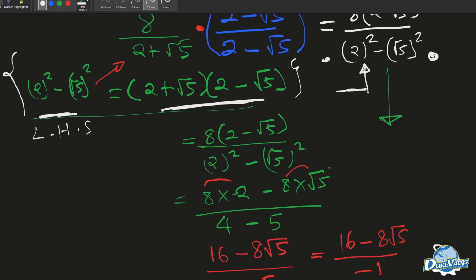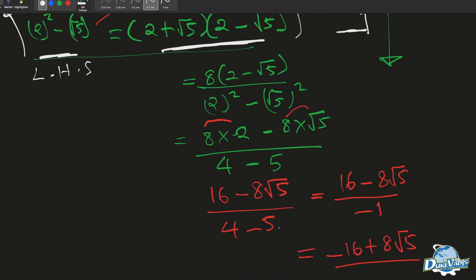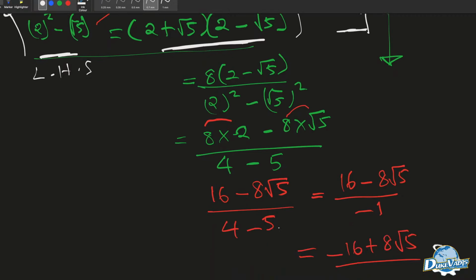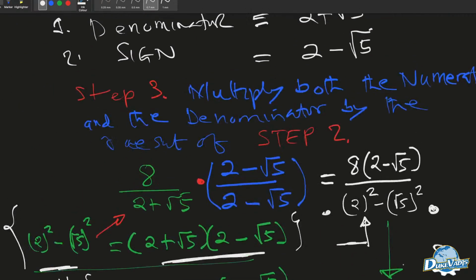Then we did the expansion and simplified it. 8 multiplied by 2 is 16, 8 multiplied by √5 is minus 8√5. When we squared 2, we get 4, and when we squared √5, we get 5. We subtracted, we had minus 1, and we divided by minus 1, and this is where we are. That's how we do it.